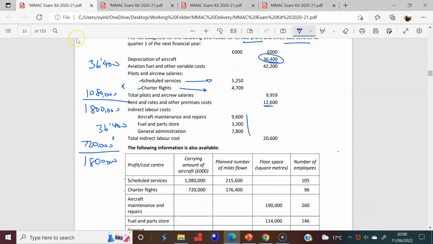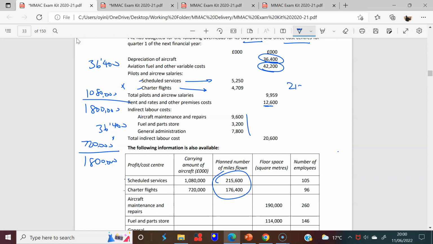Then when we look at the next one, we have fuel. This will be based on miles, right? We have this cost of fuel, and whoever's had most miles, right, should take more of that cost. And it's only these 2 departments again. So again, split this cost of 42,200 by both of these divisions.